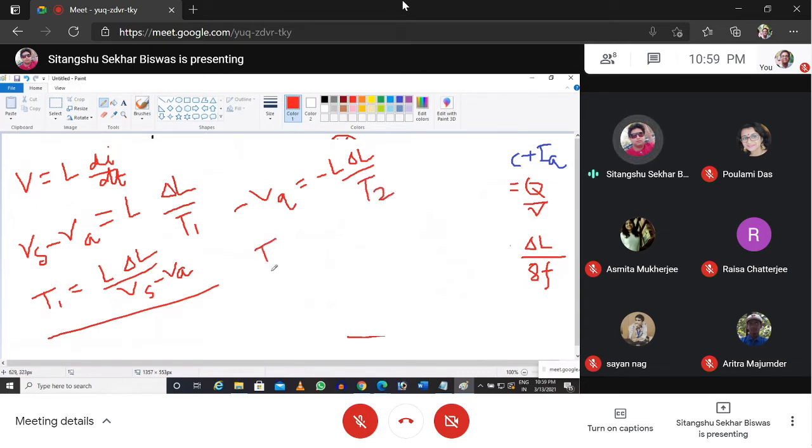So my T2 is equal to L del L divided by Vo.